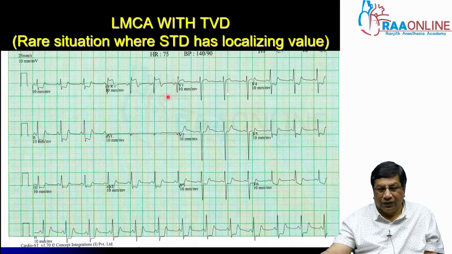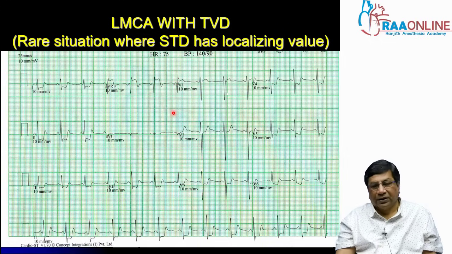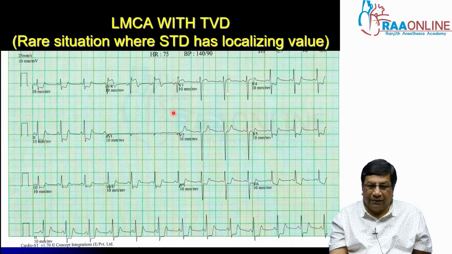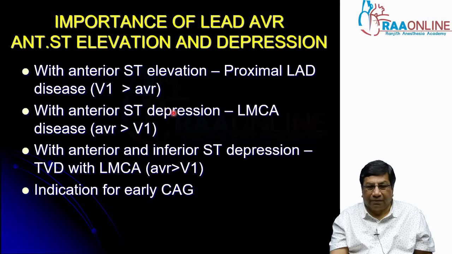So ST elevation in AVR with few leads of ST segment depression is a pure left main lesion, but ST segment depression in more than 5 leads, multiple leads, with AVR elevation, is a triple vessel disease with a left main lesion.